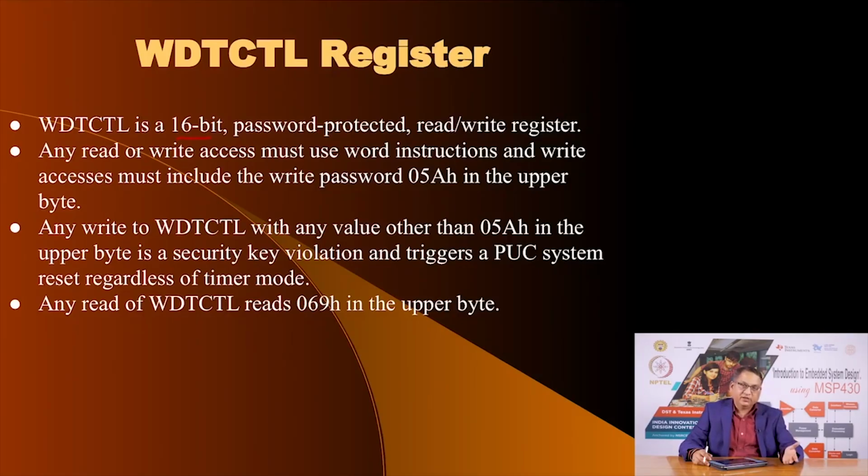It is a read write register, which means if you want to write, you must also supply the password, and we will see what the password is. This is the password, and if you read it, in one part of the register you will get this value.